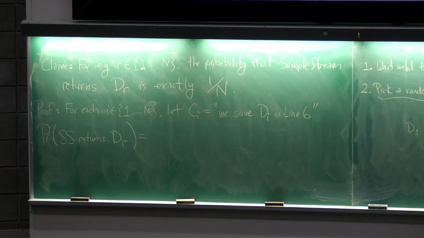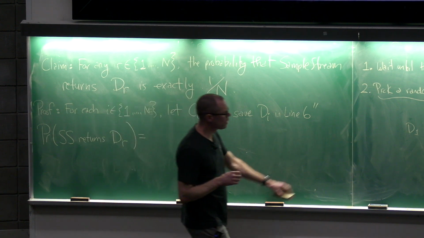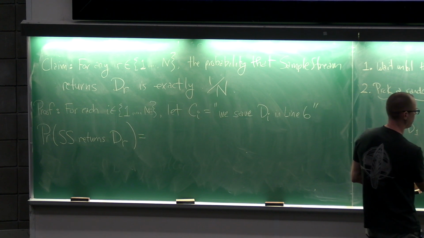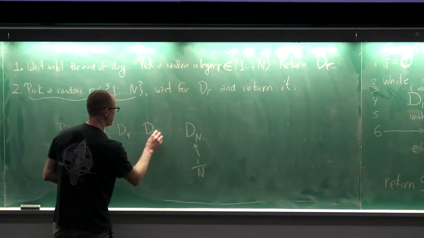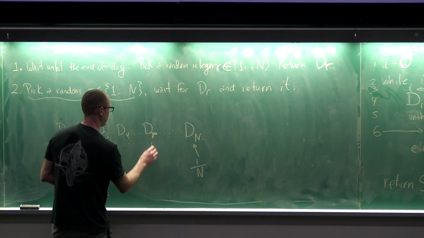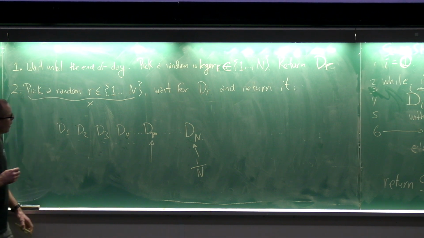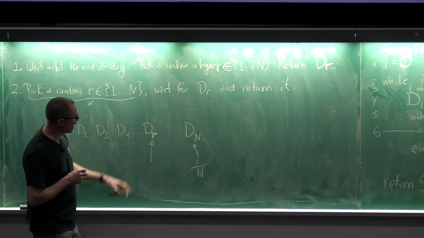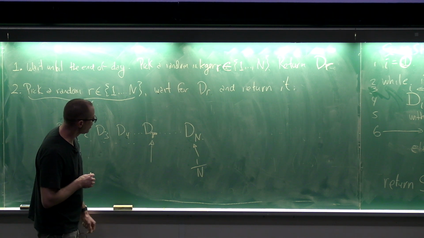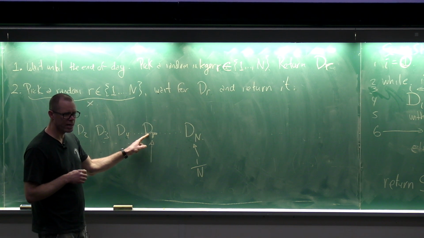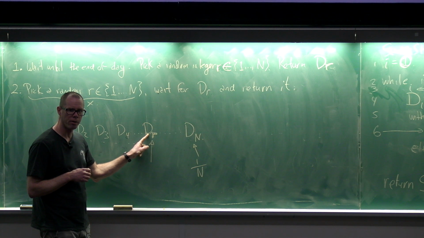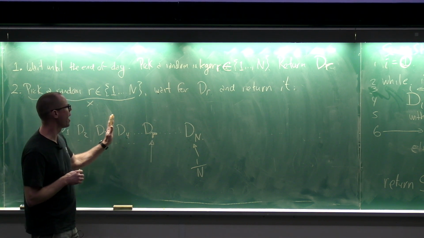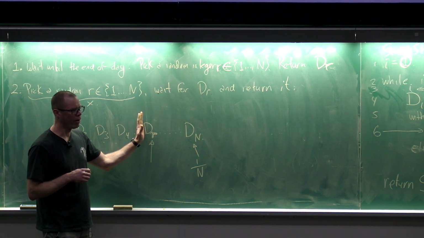So when does that happen? The thing is running for a while. Here's dr. And I'm interested in the executions of the algorithm where the thing that it returns is this particular item dr. So what happened before that doesn't really matter, right?